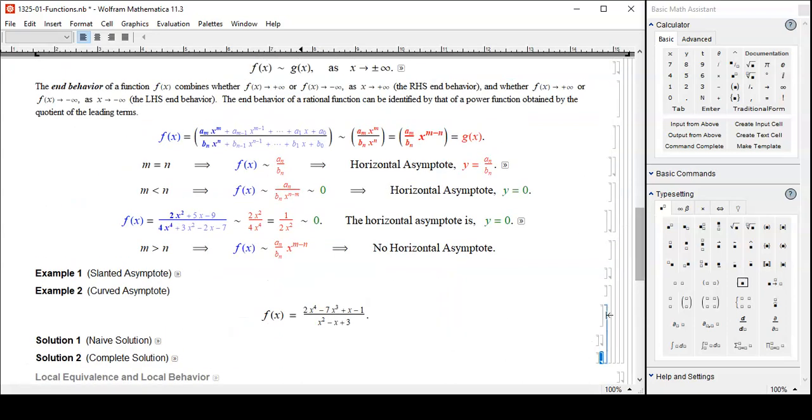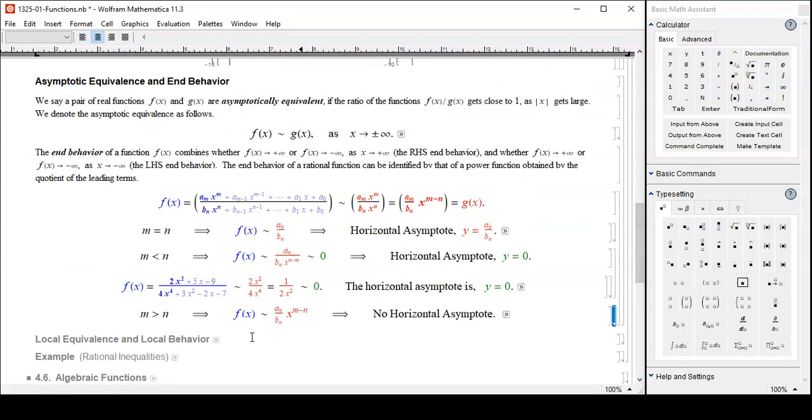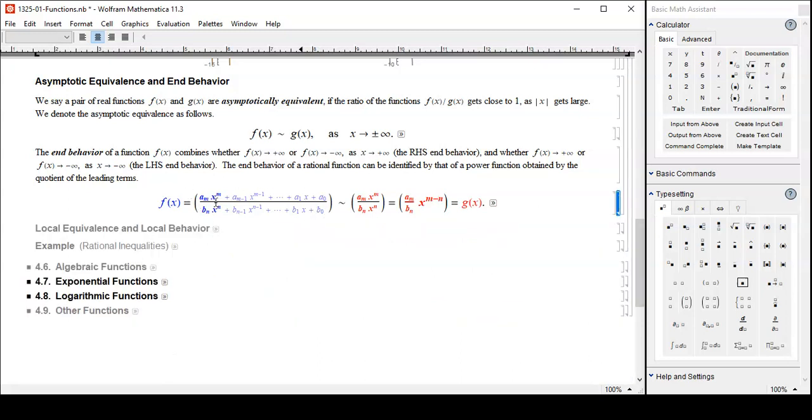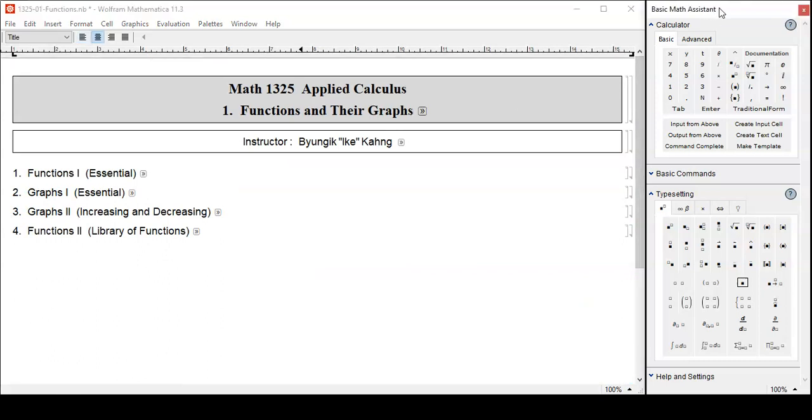Again, we are not really interested in finding these asymptotes. We are interested in only the end behavior and asymptotic equivalence. Just taking the highest degree term and crossing out the rest. Remember that trick because we are going to be using that over and over again in this course.